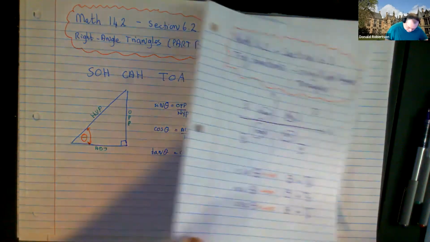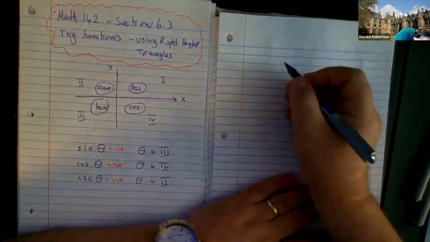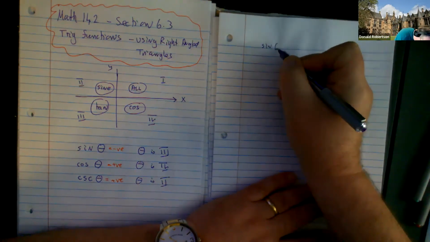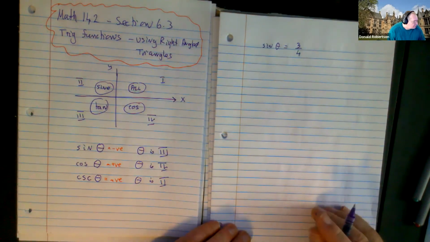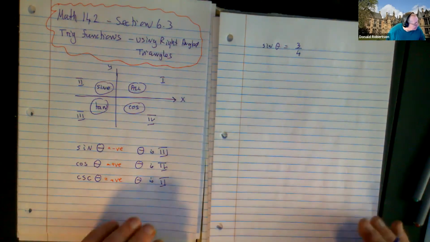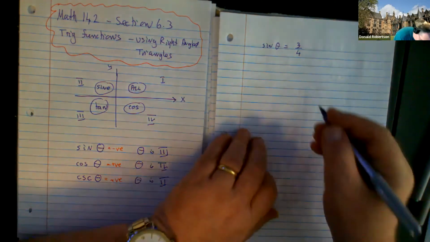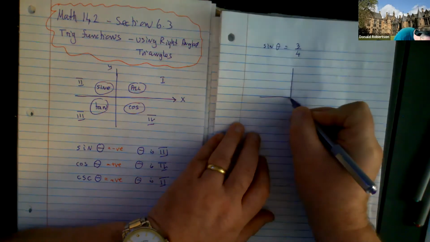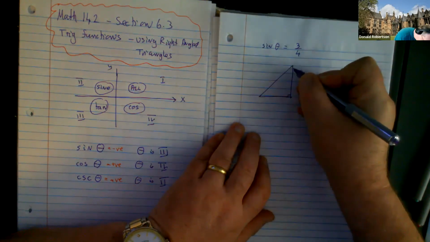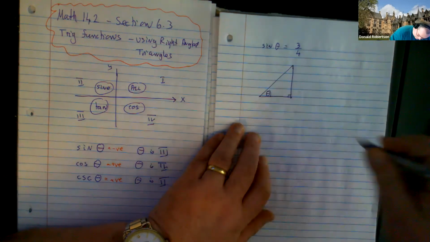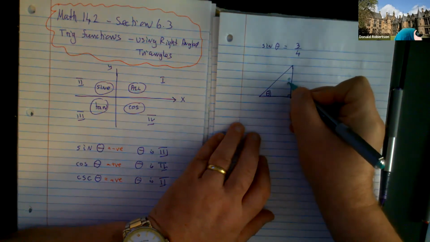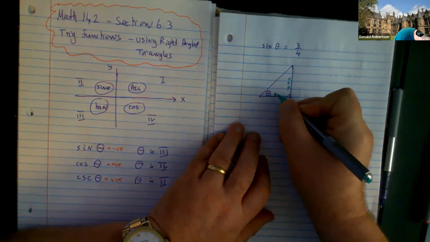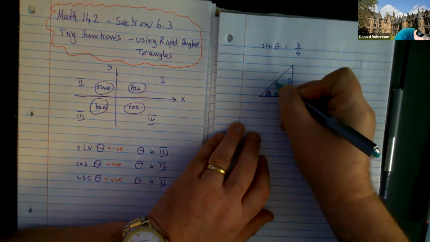Another thing which is also revision is if I tell you that the sine of theta is 3/4, can't we find the other 5 ratios? You would build a right angle triangle, call that angle theta, then name the sides from that angle's perspective: opposite, adjacent, hypotenuse.